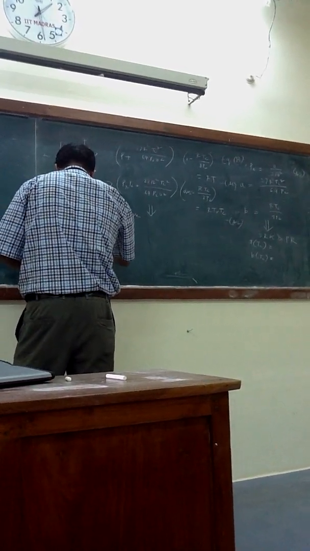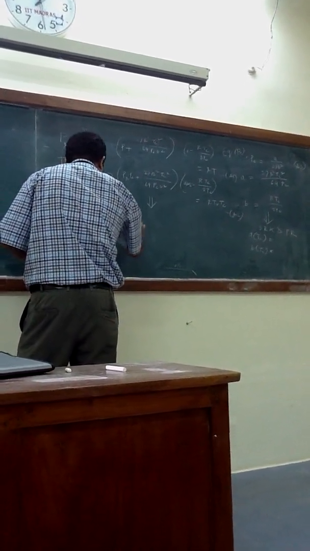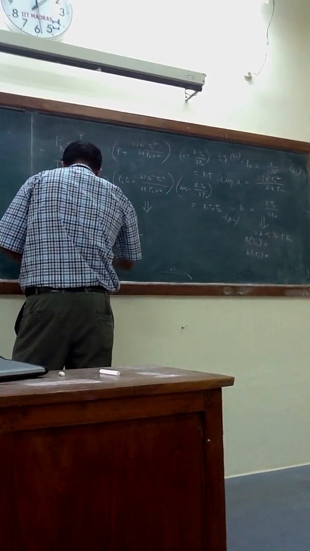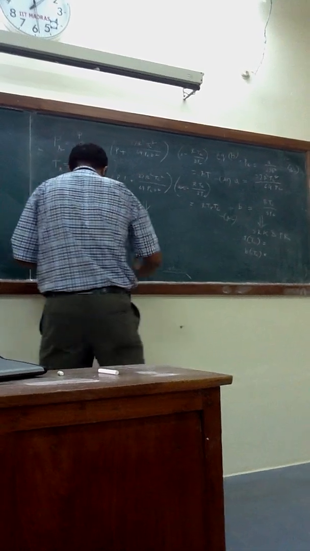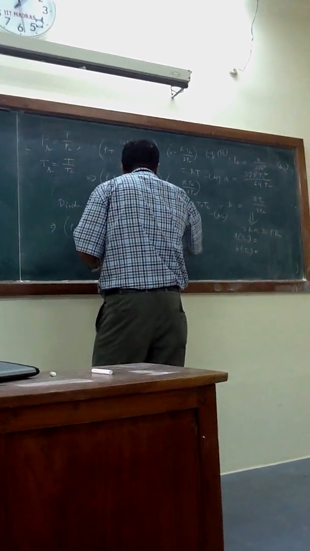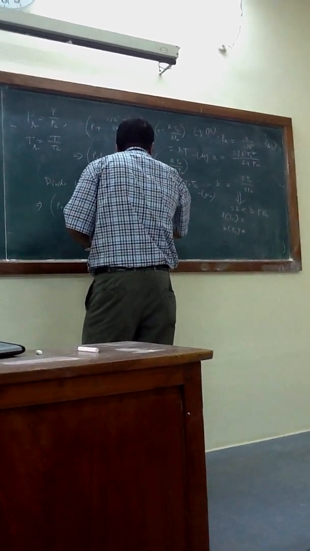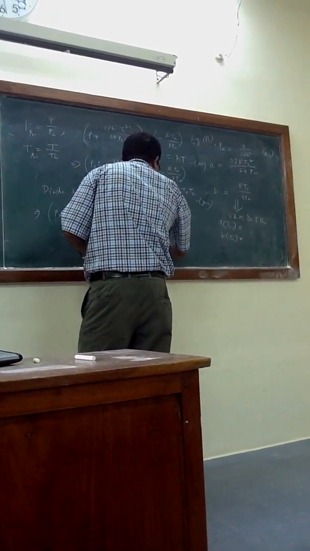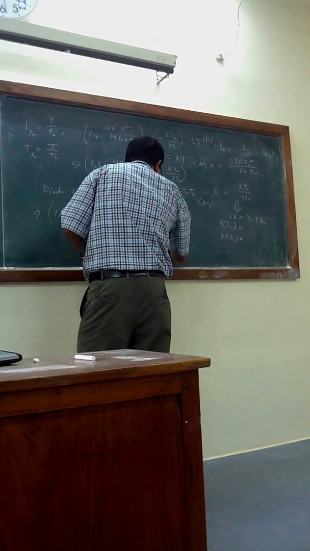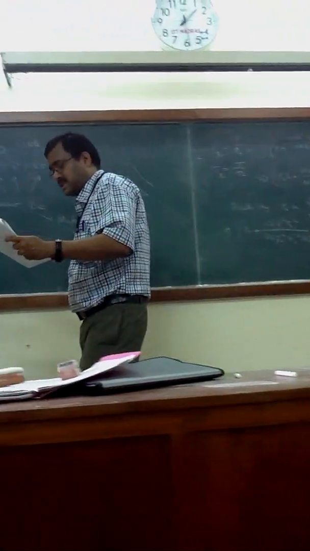PR plus 27 R square Tc square by 64 Pc squared VR square Vc square into VR minus R Tc by 8 Pc Vc equals R TR Tc by Pc Vc. Am I correct? Yes?